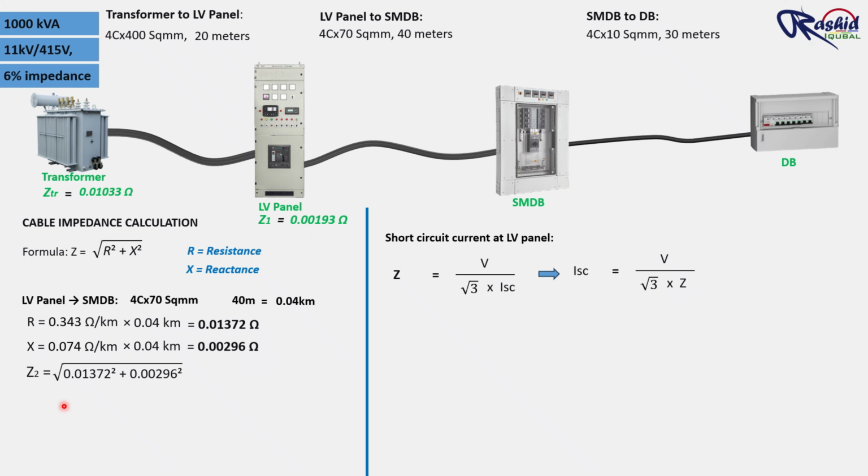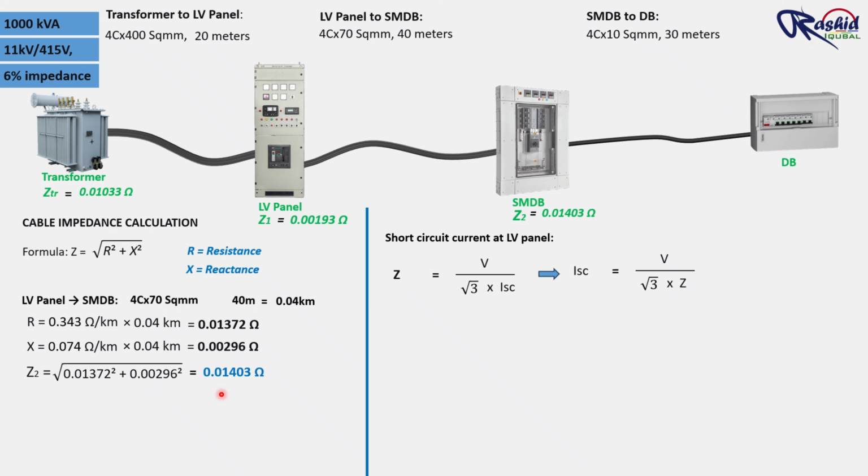Z2 equal to root under 0.01372 whole square plus 0.00296 whole square. Z2, I mentioned, because I just consider impedance from LV panel to SMDB. This part I considered Z2 impedance. So after solving this equation, we get 0.01403 ohm. This is the impedance at SMDB side.